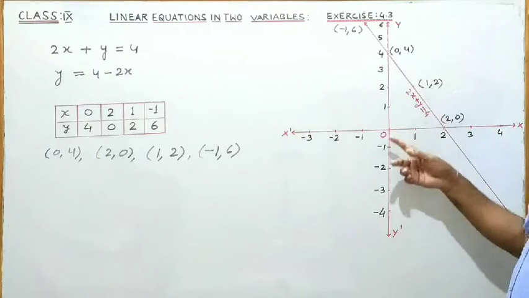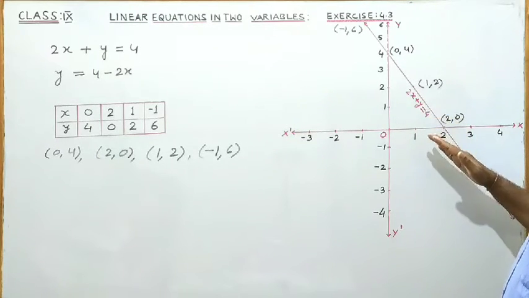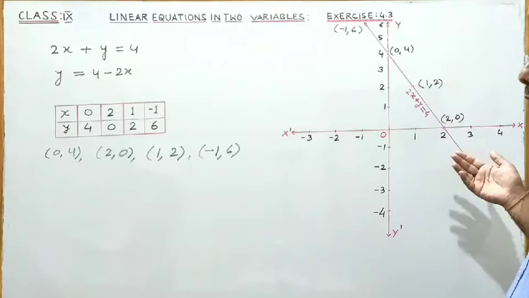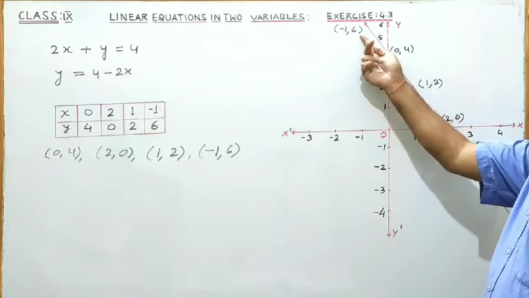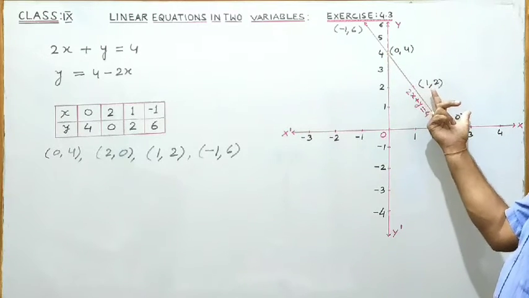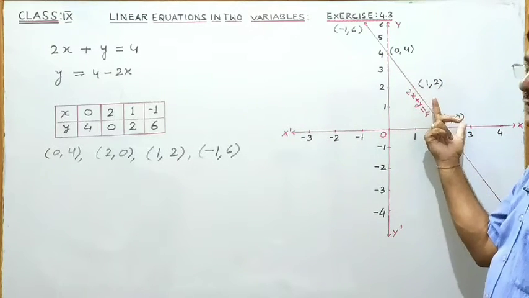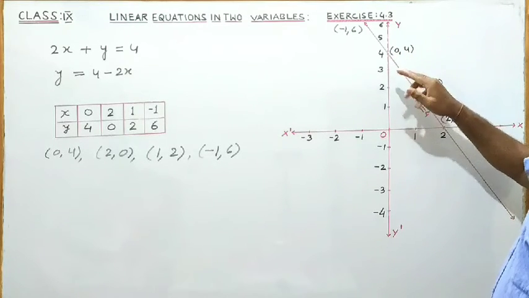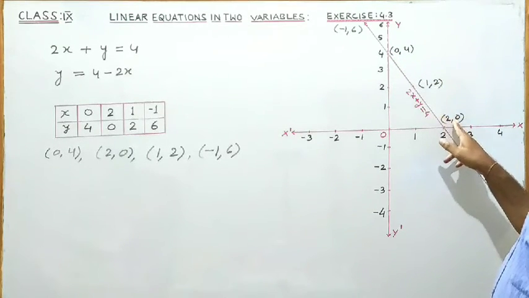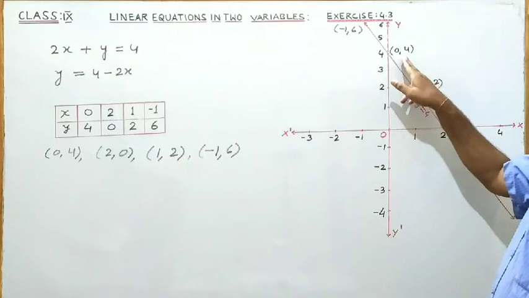From this coordinate plane and this graph we observe that the other 2 points (1, 2) and (minus 1, 6) also lie on the graph of this linear equation, because we joined only 2 points, (2, 0) and (0, 4).